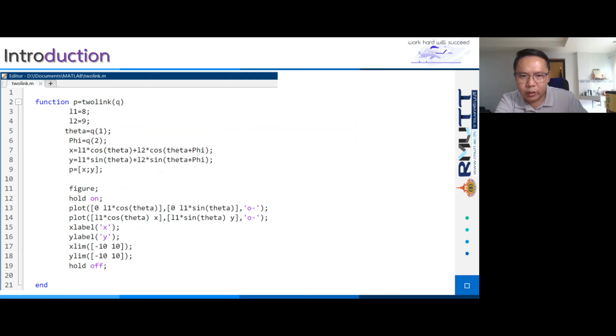The function named twolink is defined to take one input Q and return an output P, Q is the input, and P is the output. The lengths of the two links are defined as L1 equals 8, L2 equals 9.